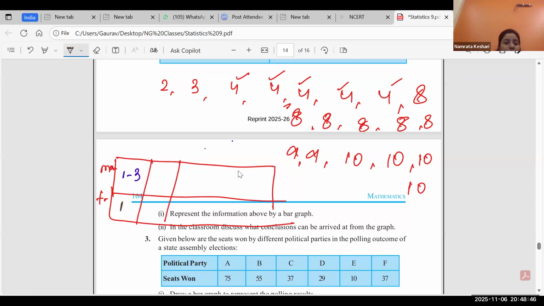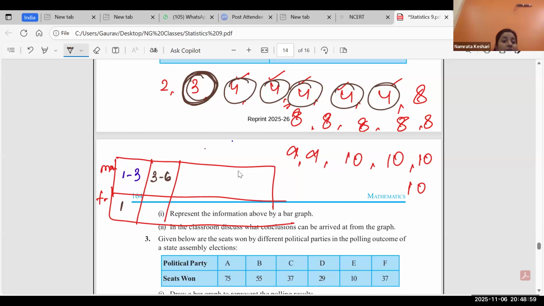In between 3 to 6, how many students are there? So this is also falling in the category of 3 to 6, right? This also, this also, this also, and this also. How many data points lie between 3 and 6? 1, 2, 3, 4, 5, 6. 6 such data are there, right? Yes. One student, 1, 2, 3.